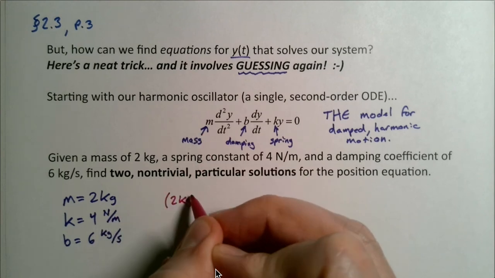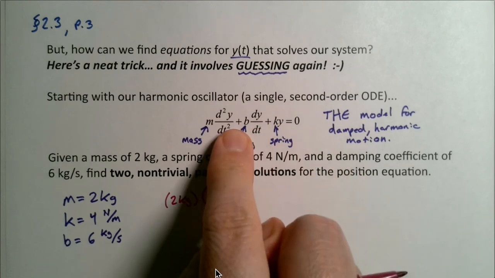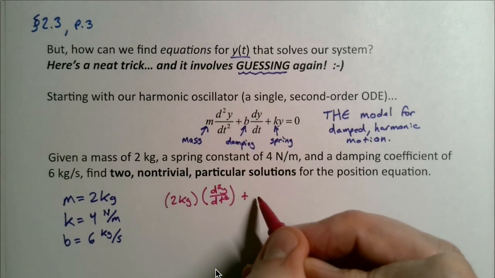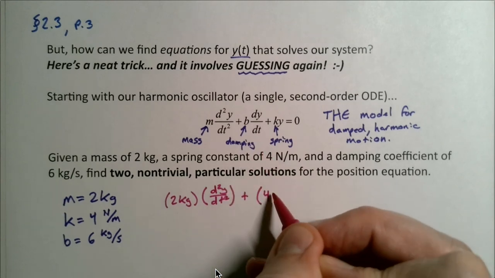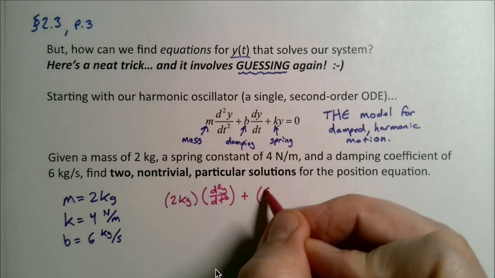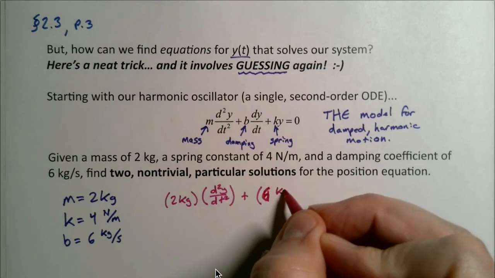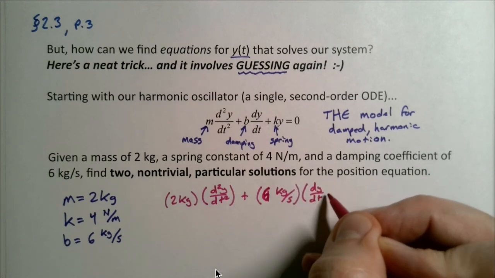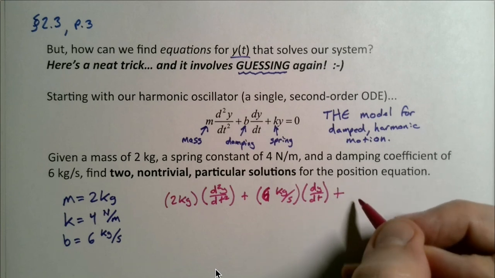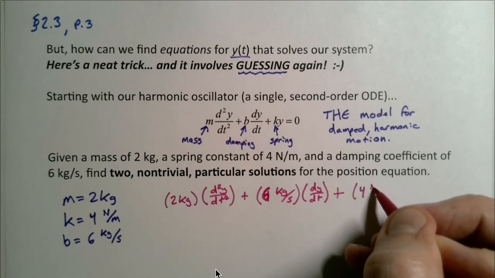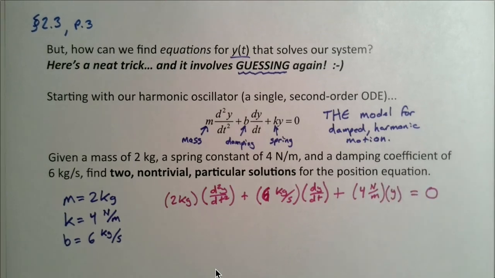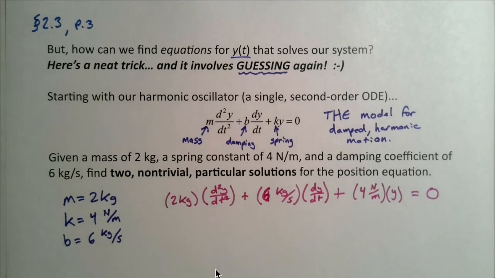So 2 kilograms times the second derivative of y with respect to t, plus b, which is 6 kilograms per second, times the first derivative of y with respect to t, plus k, which is 4 newtons per meter, times y. And all that has to equal 0. And we know that each one of these terms has to have the same units. So let's check and make sure what they are.